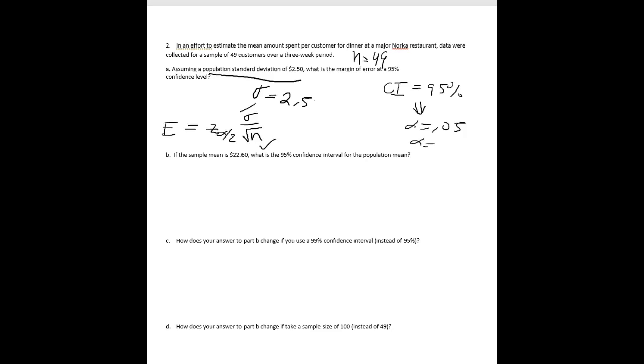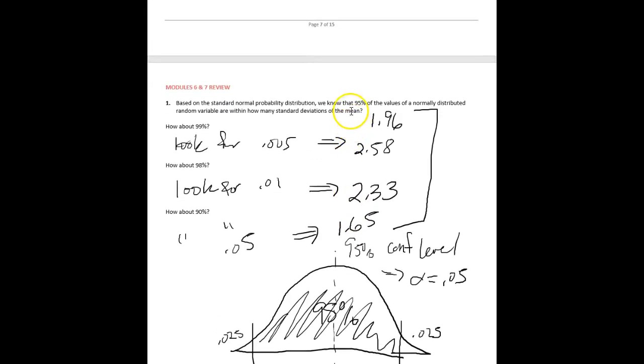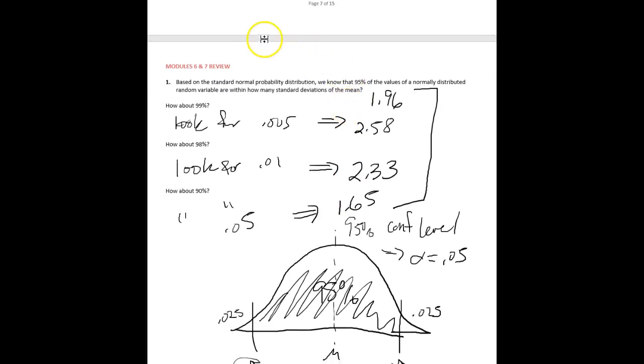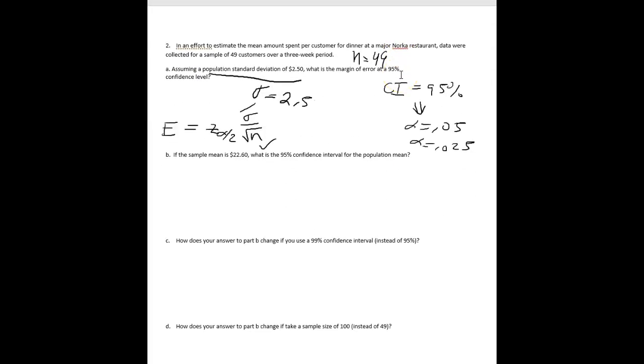Alpha half is 0.025. Do we have a Z value that is associated with 95% confidence level, or with 0.025? Yes, we do, and that would be our 1.96. So what is our margin of error?